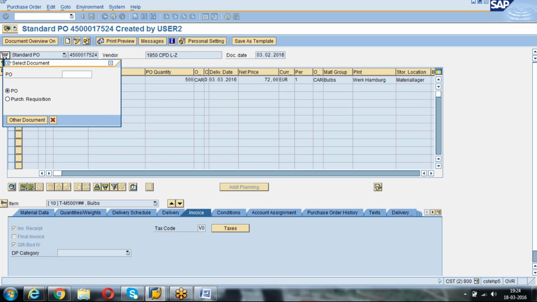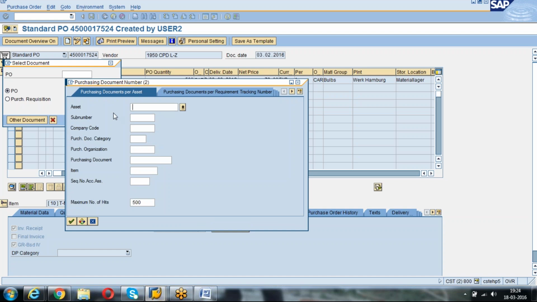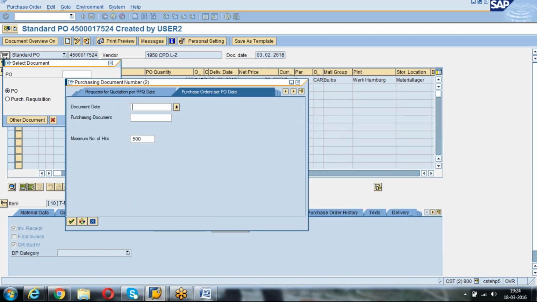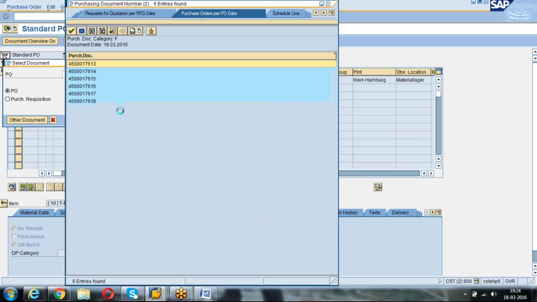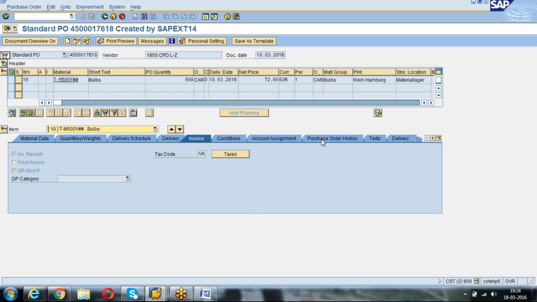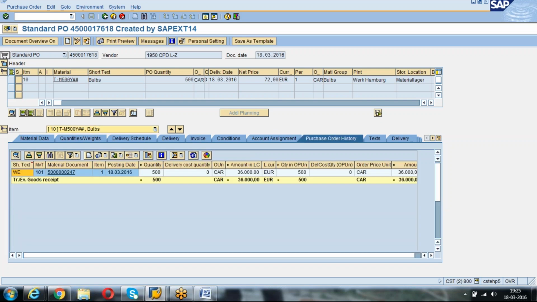Why am I opening the PO screen? We can see in the purchase order history what exactly happened. This is the latest PO which we have created. See the purchase order history. Just now we have received the 500 quantity, right? The respective goods receipt was updated. Now we will do the invoice verification.